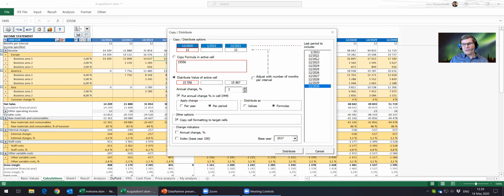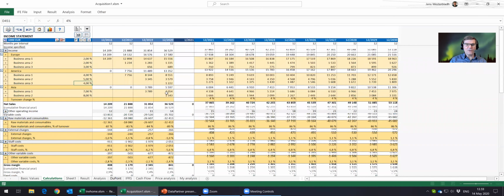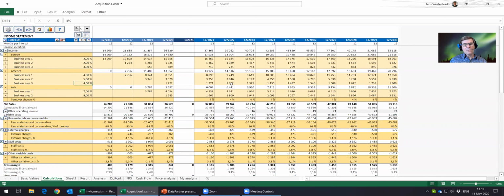Of course, you can also have different growths for different periods, but I run it all with the same now. And you can see which growth numbers were used here, and they are all dynamic. So if I change here, it will impact the whole row. So now it's 4% growth.